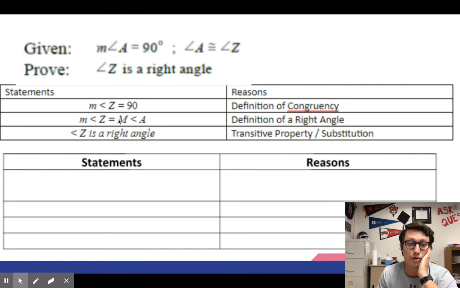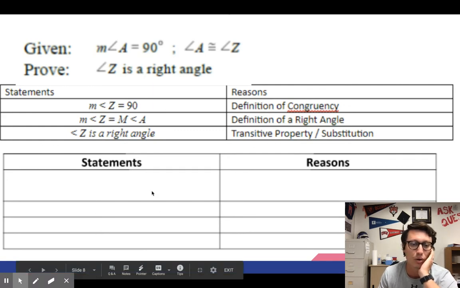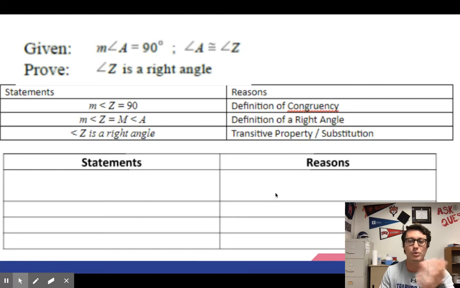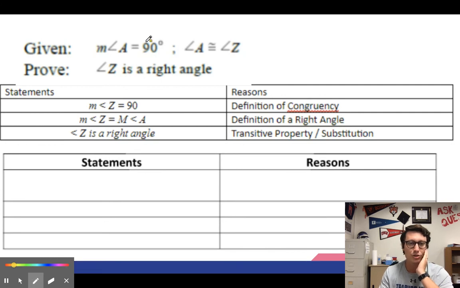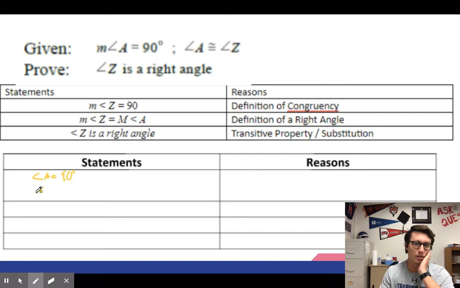You are given 3 statements and 3 reasons. Notice, though, there's 1, 2, 3, 4 lines. But we all know that you can get this first statement and first reason all by yourself because it's part of that easy money. You can just rewrite what is already given to us: angle A equals 90 degrees, and angle A is congruent to angle Z. That is always given.